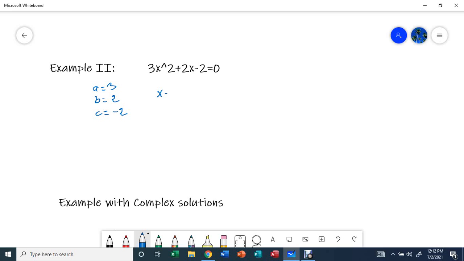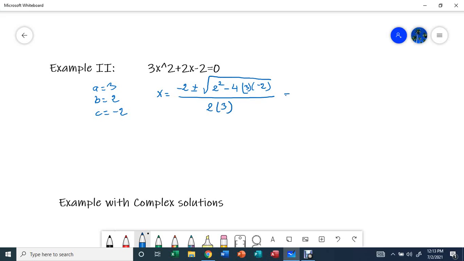So x equals negative b, negative 2, plus or minus the square root of b squared, which is 2 squared, minus 4 times ac, so times 3 times negative 2, and divided by 2a, which is 2 times 3.